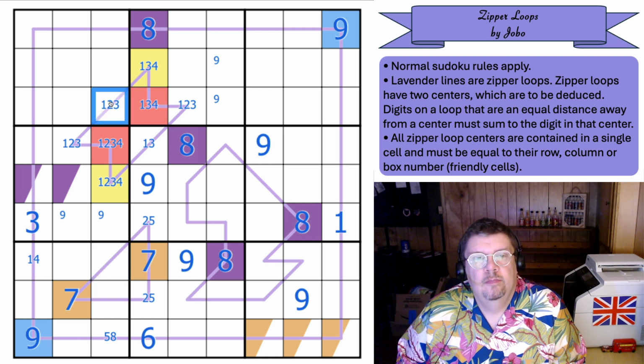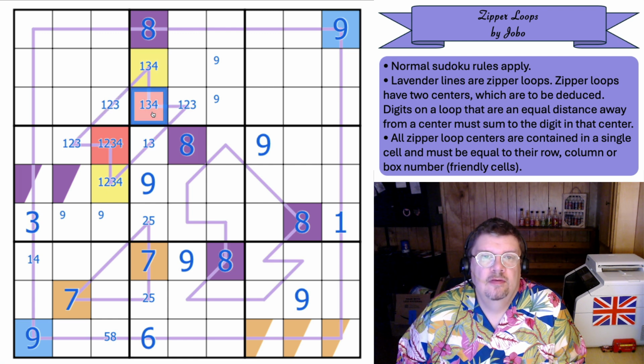Okay, I don't think this can be a 2. All right, if this is 4, that's a 1, 3 pair. I get a 1, 3 pair here. Yeah, that can't be a 2, so that couldn't be a 2.